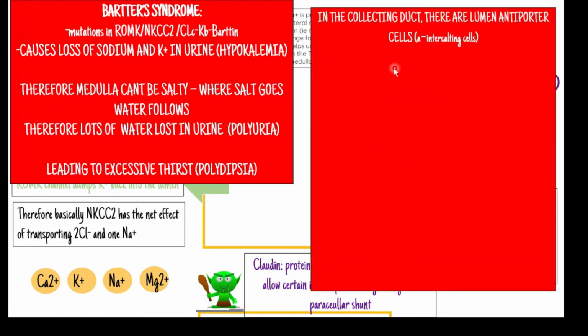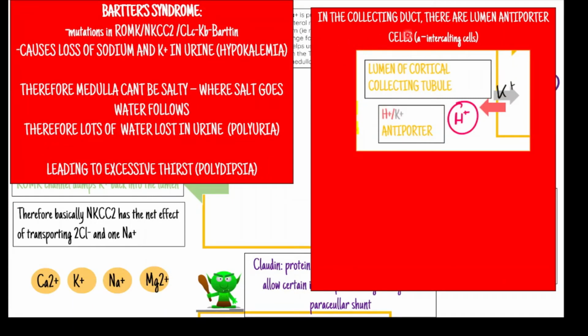Okay, there's also another effect here. We have to skip forward a little bit, and this will make more sense when we go over the collecting duct, but bear with me for now. In the collecting duct, there are also special cells on the lumen, which are antiporter cells, called alpha intercalated cells. These have a special channel, which is an H+/K+ antiporter.